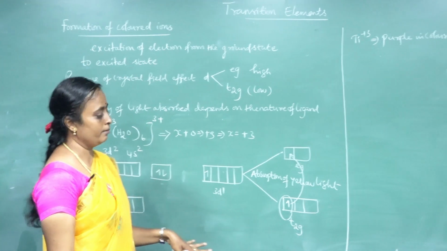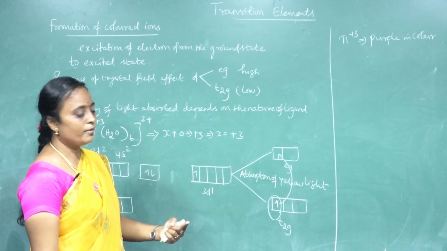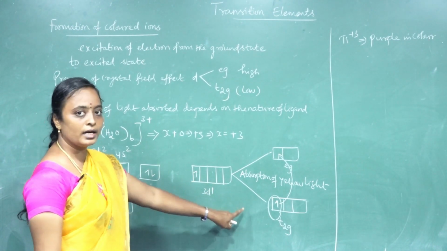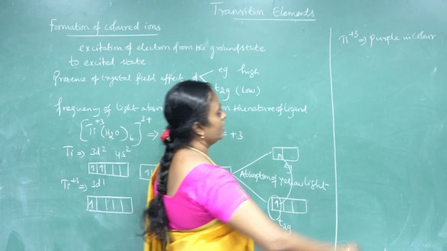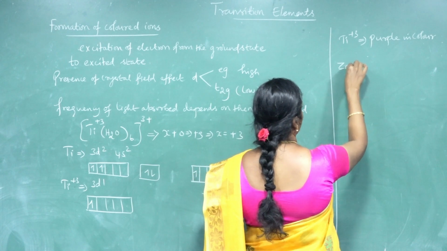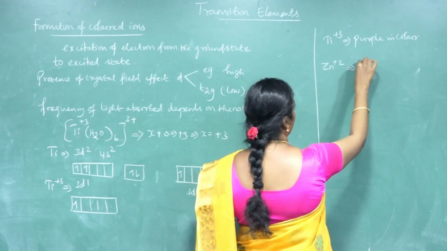So if you want to show the color of a complex formed by a metal ion from the d block, it should definitely have an unpaired electron. Even one unpaired electron contributes to the color of the complex ion. This is the first example. Now take the Zn2+ ion.